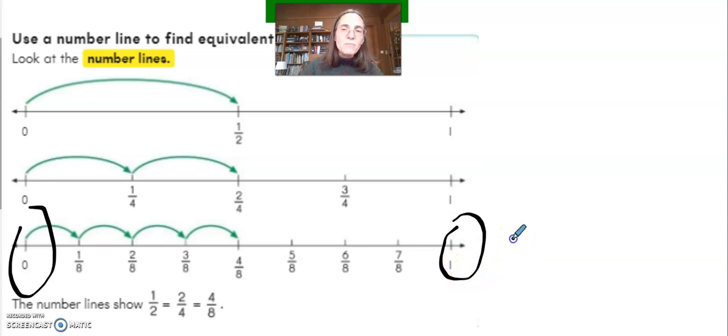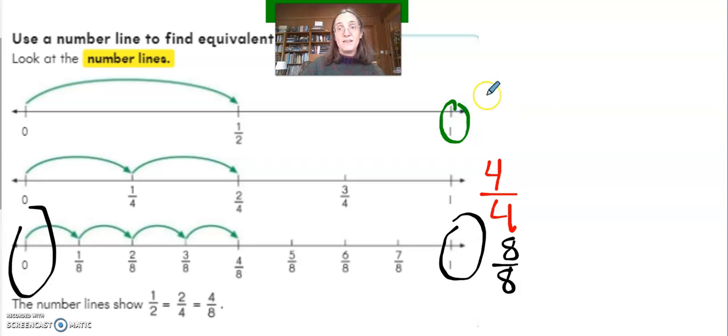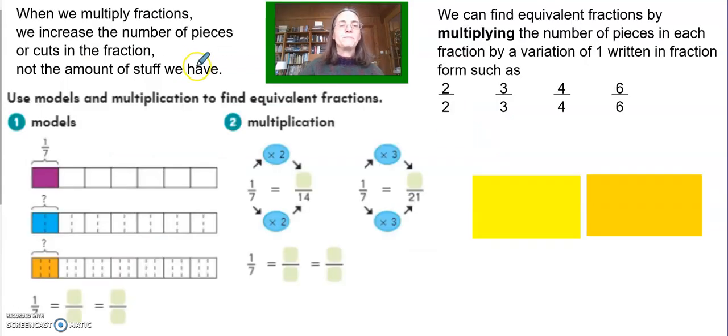They didn't write it on there, but I could show the whole thing, that 1, as 8/8. And they didn't put it on the fourths, but I could show the whole 1 as 4/4, because that would be a whole thing in that case. And they didn't write it here either, but I could say that that 1 is the same as 2/2. It's going to be important coming up.